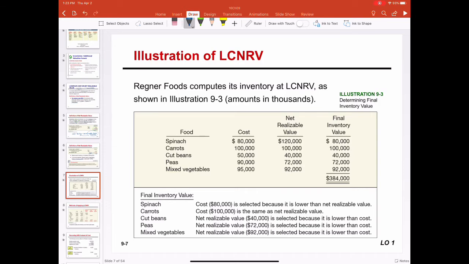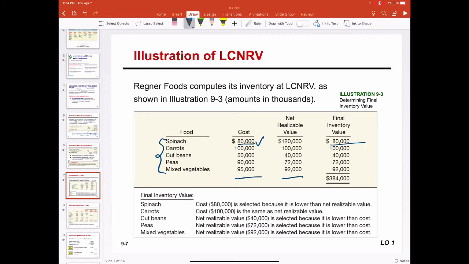For some companies, if they have multiple components of their inventory, we can apply LCNRV for each layer of inventory. For example, there are 5 categories of inventory for this firm, and we have the book value. We also have NRV. Basically, we just compare the cost of each item to its NRV. So the first one is spinach. Cost is less than the NRV, so we keep using the lower value.